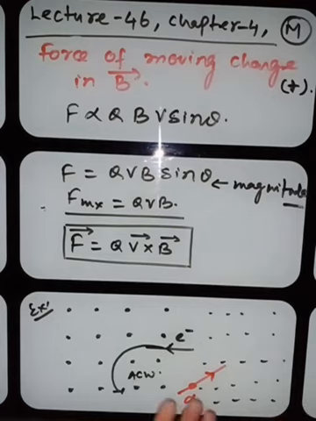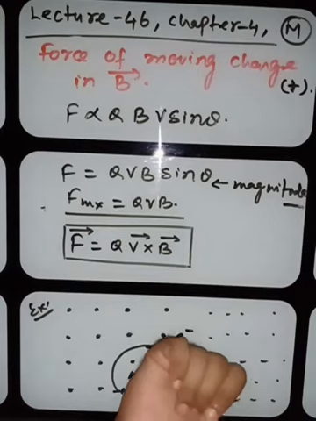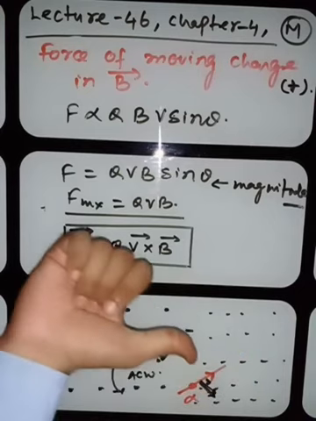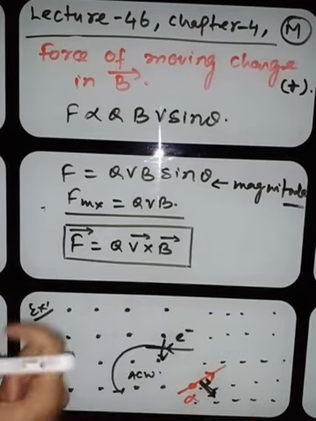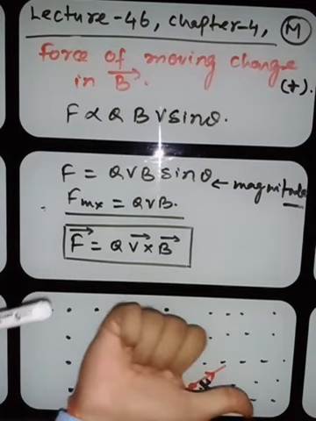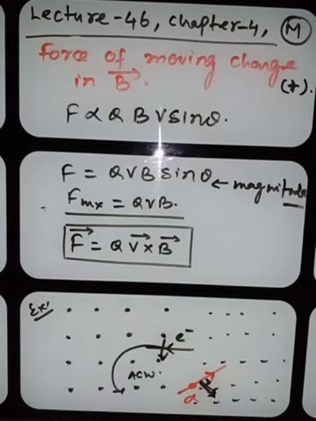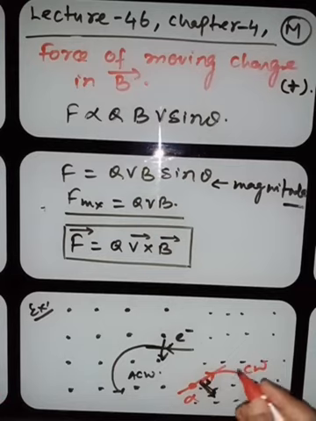Remember, as this charge enters, the force acts perpendicular, and as it moves, the force will still be perpendicular. Always try to represent the force perpendicular. Now, as it goes, the force will be in this direction. And this is a positive charge, of course, so it will start rotating in this way, my dear student. Clockwise or anti-clockwise? The answer is clockwise.